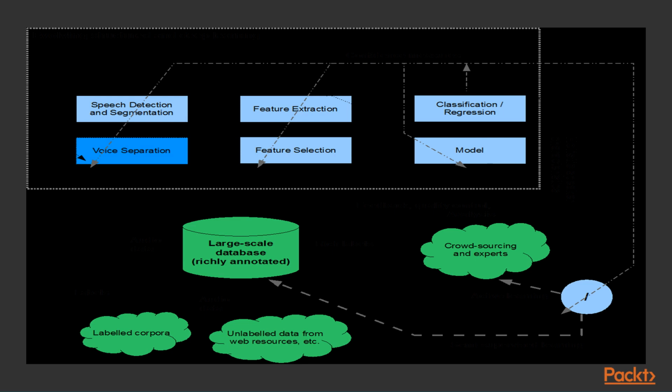This is a classic example of speech detection and segmentation. Now you have tremendous amounts of data in the form of voice, and voice has separate types of layers like voice separation, feature selection. These are various forms of node. Then you run a classification and regression model on top of it, and you will see labeled data, unlabeled data from various web sources which will come in, and finally it gets mined into a large scale database.